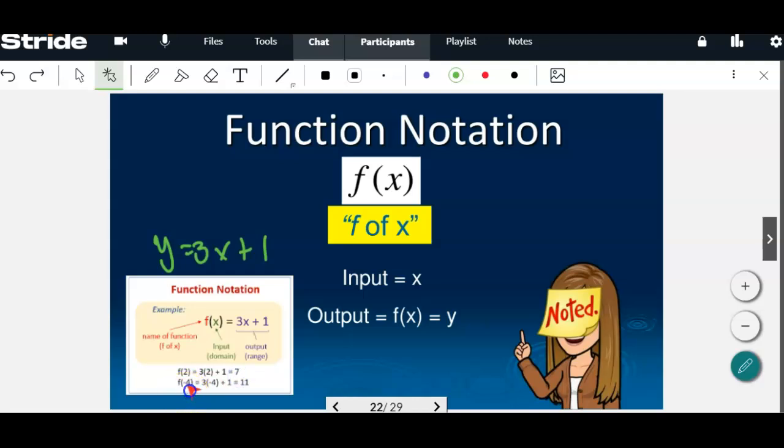If you have f of -4, you put in the -4 for the x, you multiply 3 times -4 plus 1, that should be -11. I don't know why they forgot the negative sign there. Oh, that's too big, but anyway. Yeah, because you have 3 times -4 is -12 plus 1 is -11.